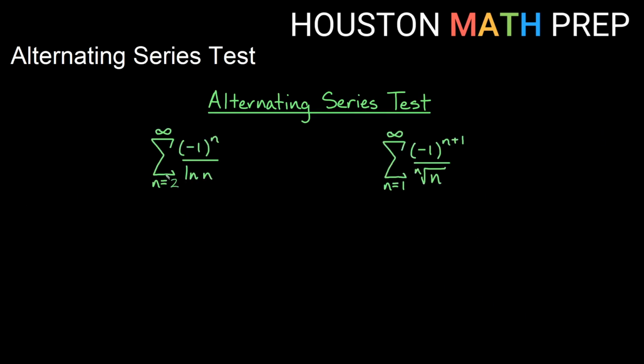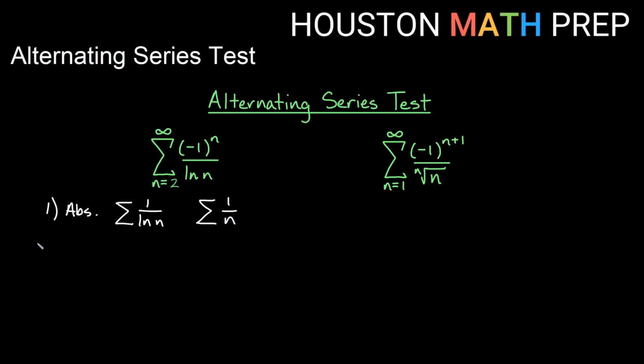Let's look at two other examples. We have the infinite sum of -1 to the n over ln of n. So if we first check absolute convergence, then we'll be looking at the sum of +1 over ln of n. And we have to figure out how I'm going to decide if this converges or not. For this one, I'm just going to use a direct comparison with the sum of 1 over n.